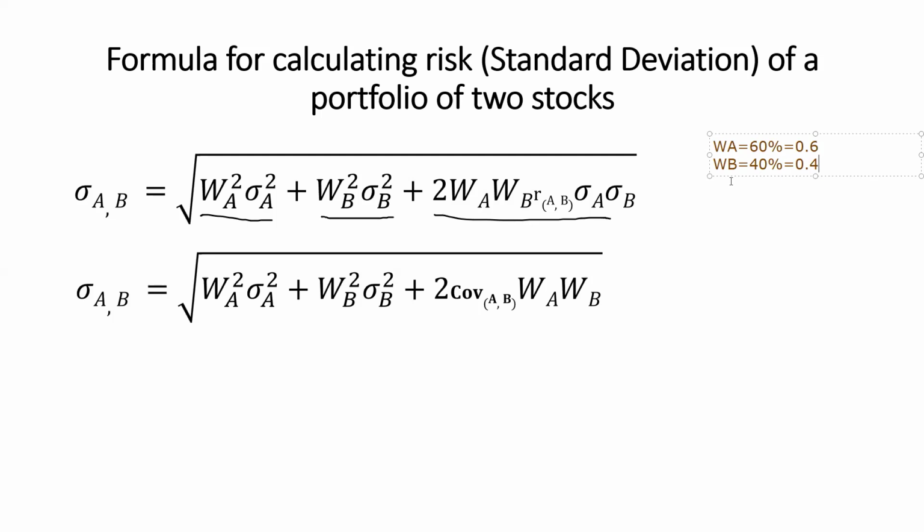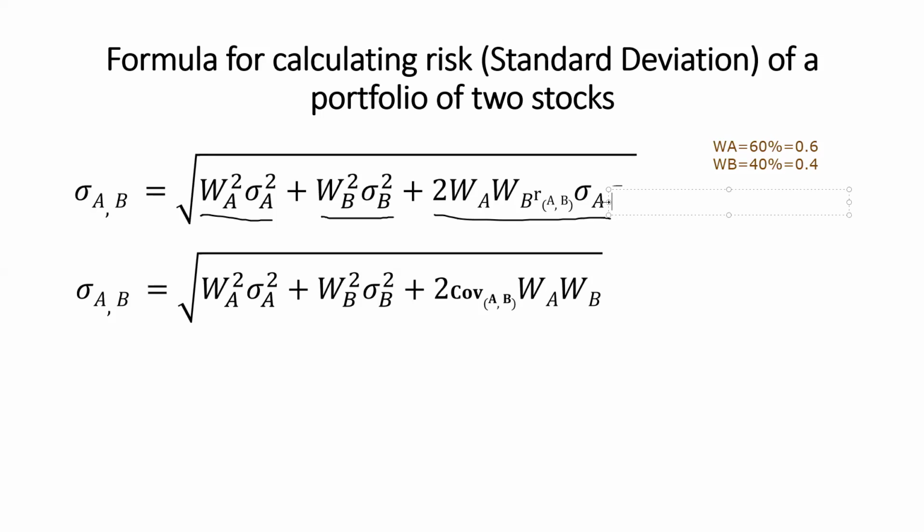Their standard deviations will be multiplied, into R. Remember this is the R factor. R means correlation coefficient. The correlation coefficient would either be given in the question or they will ask you to calculate it. I hope you remember the formula for the correlation coefficient.